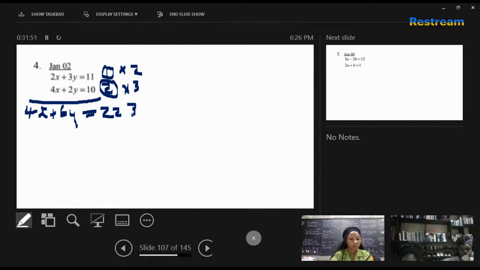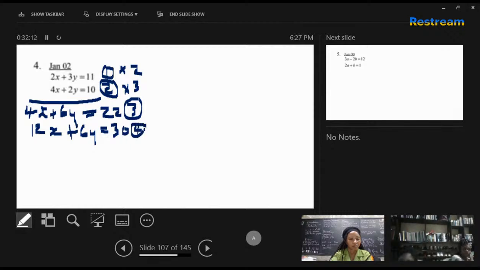And then the next one would be 12x plus 6y is equal to 30.